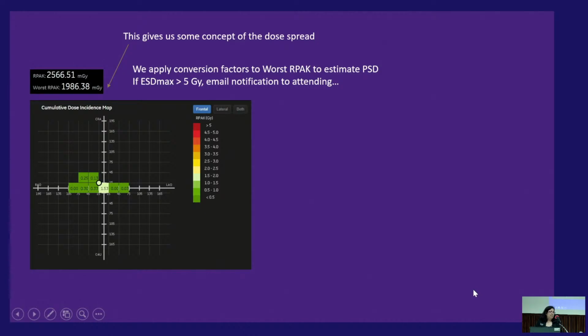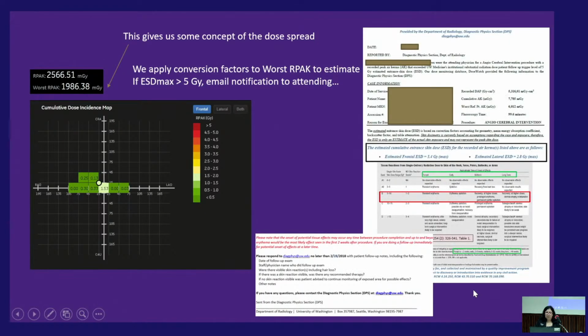We send an email to the attending with a report, and this is what it looks like. I don't expect you to read that, but basically what this shows is the date reported by my section. Here's all the information about the patient, reason for the exam, and we are telling the attending that, hey, in this case, your dose to the skin of that patient was greater than 5 gray from the frontal tube and about 2.8 gray from the lateral tube.